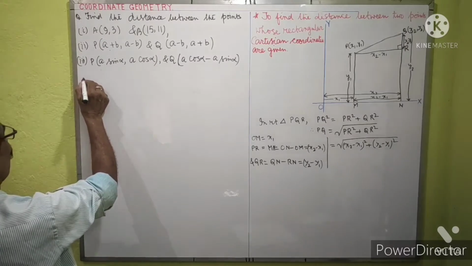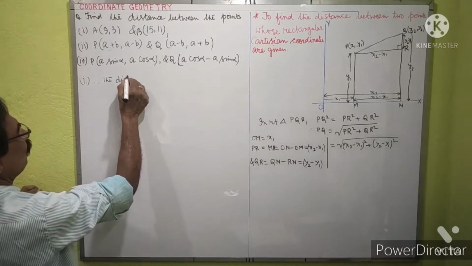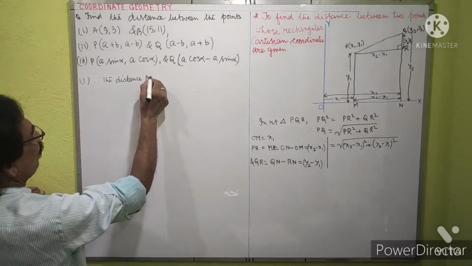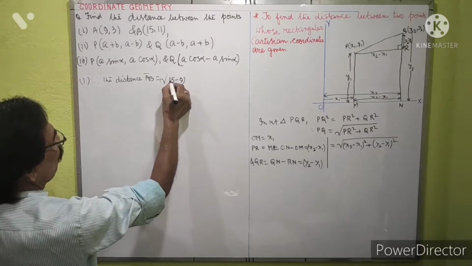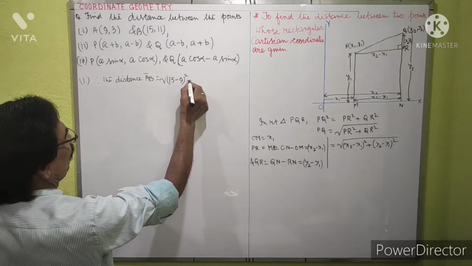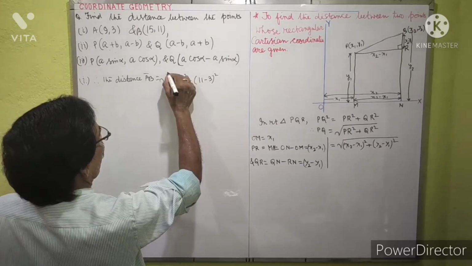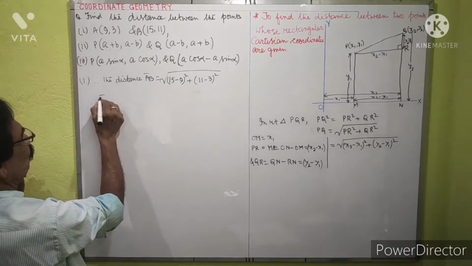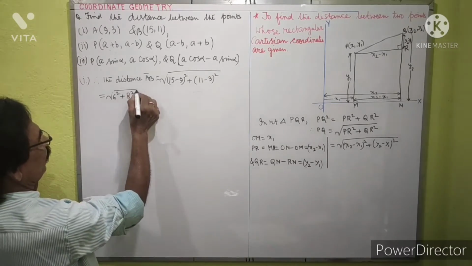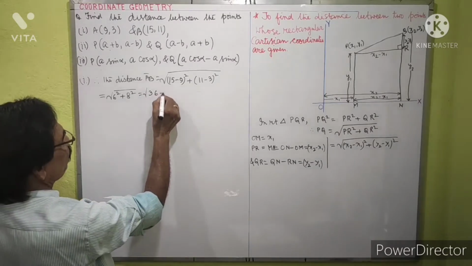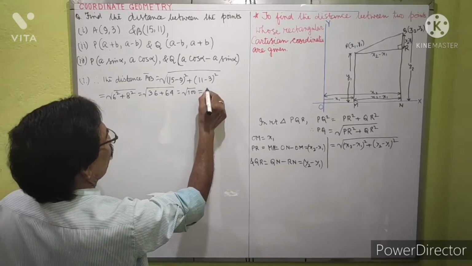Therefore the distance AB equal to root over of (15 minus 9) square plus (11 minus 3) square equal to root over of 6 square plus 8 square equal to root over of 36 plus 64 is equal to root over of 100 is equal to 10 units.